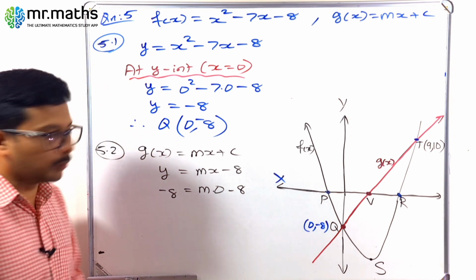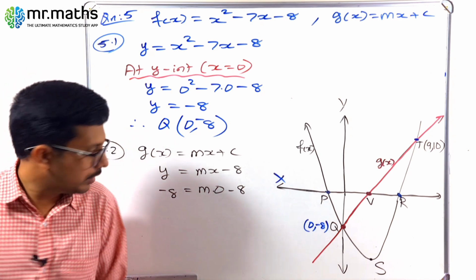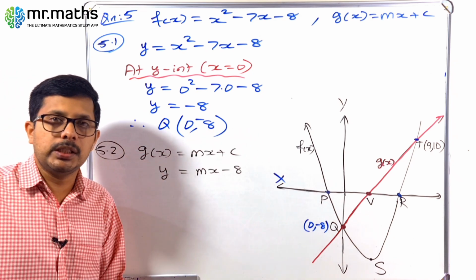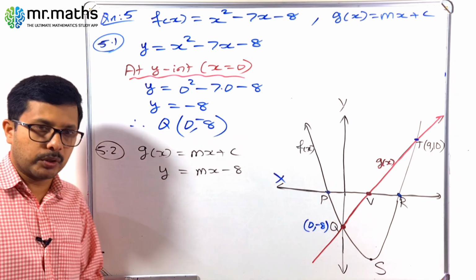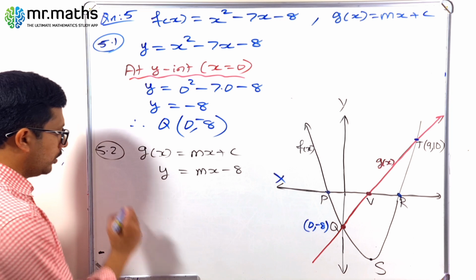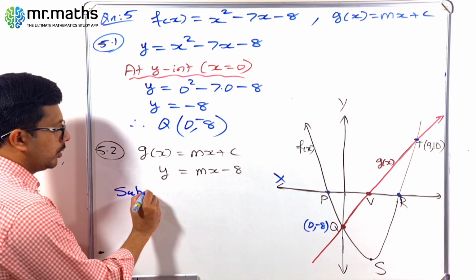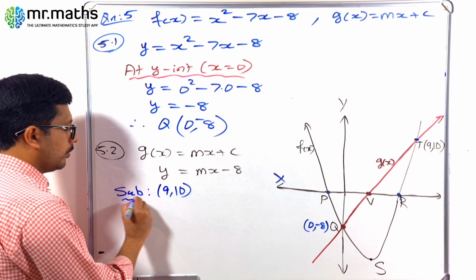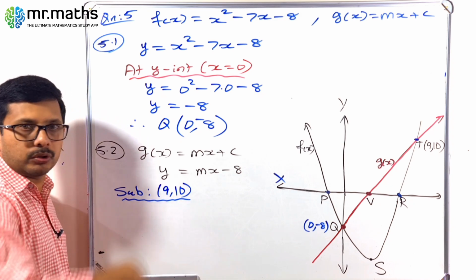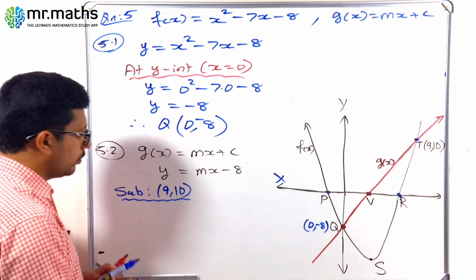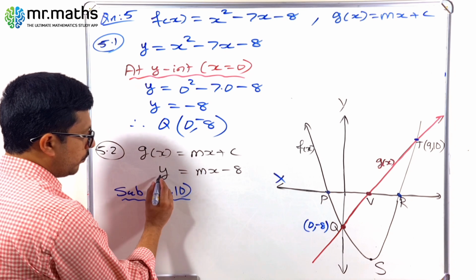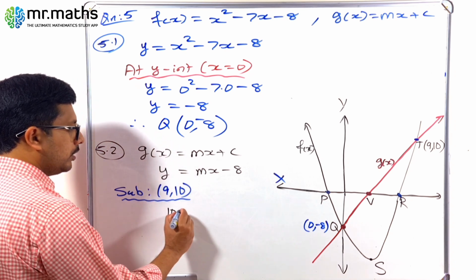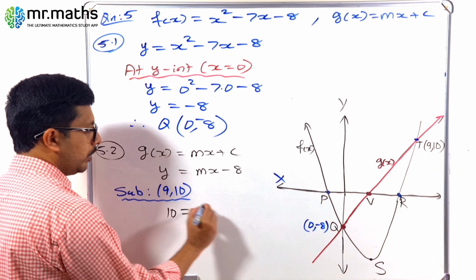So it is not possible to substitute that point. We have to substitute the point T (9, 10), because it is also a point on g of x. So when we substitute that, y is 10, so 10 is equal to m into x.